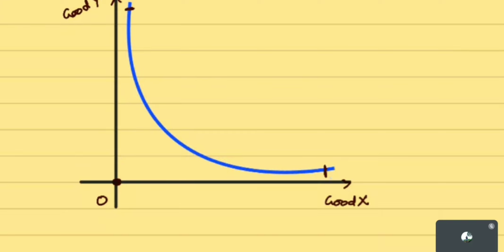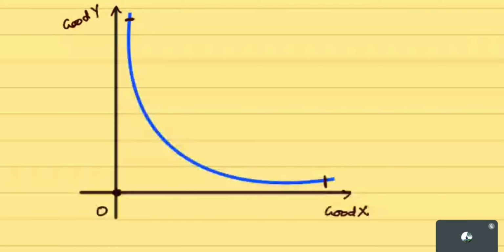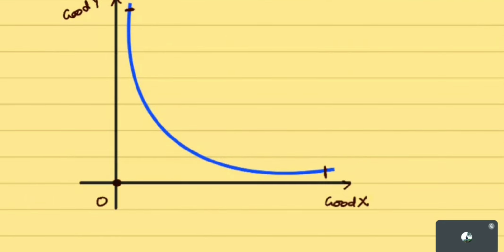And similarly, if you put y equal to 0, this curve is not touching the horizontal axis because you are having some infinite value. Okay, so this is also known as a well-behaved indifference curve because you are having the positive combination of both the goods.